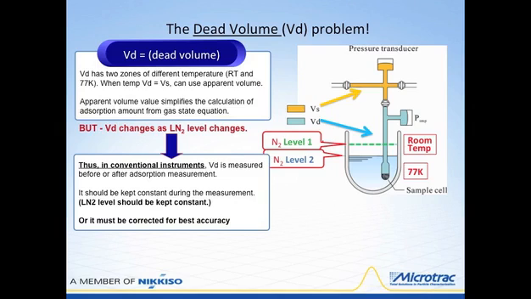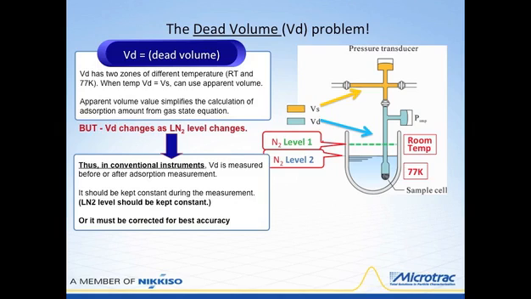But what is actually happening is that if this is our sample here in the bottom of this little sample tube, and if we fill the vessel that we're going to immerse the sample in to allow for its adsorption, remember, adsorption must occur at 77 K so that nitrogen molecules can condense on the surface of the sample particles.